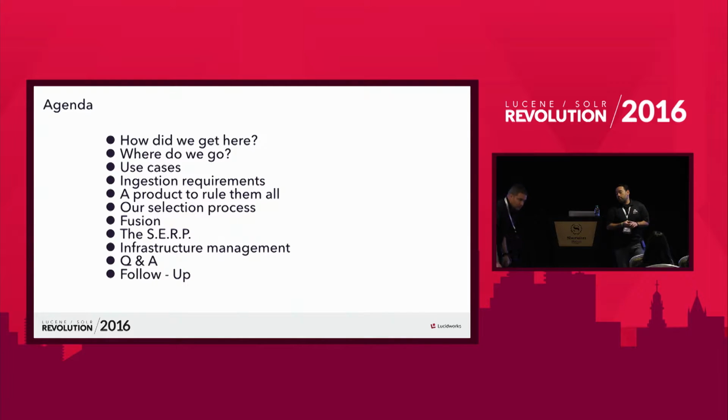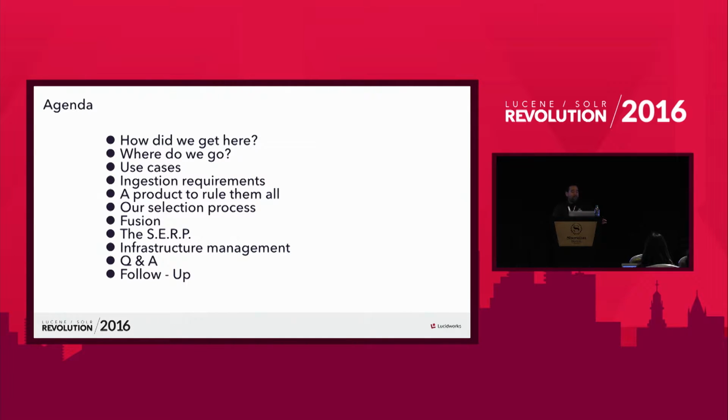Okay, we're going to give you an idea of what we're going to be talking about today. We're going to talk about how we got here. It's been kind of a journey for us, so we really wanted to share the experience with everybody. We're going to talk about where we went when we started. We're going to talk about use cases, all the requirements we looked at, how we started our selection process, and how we ended up with Fusion.